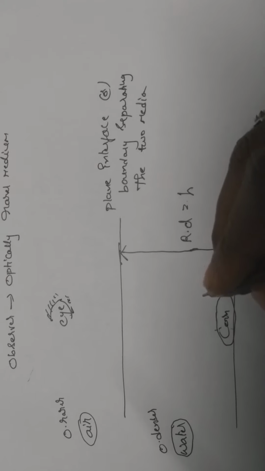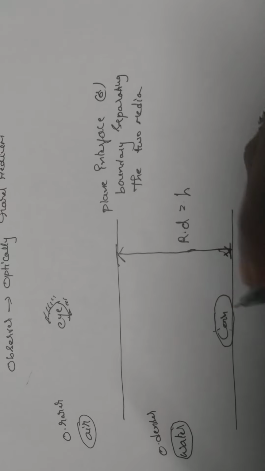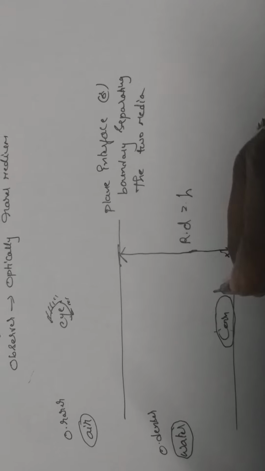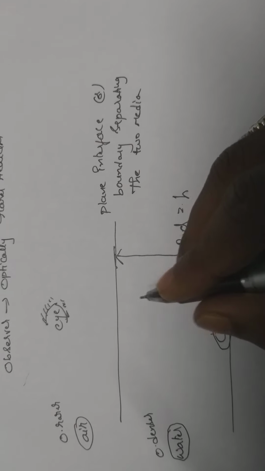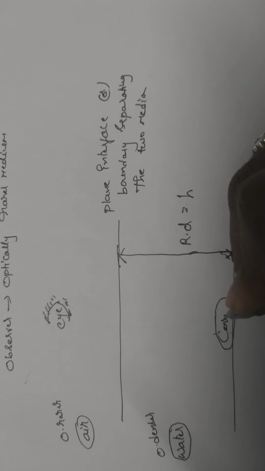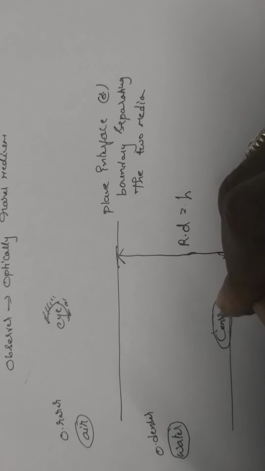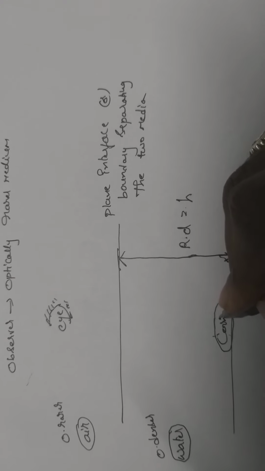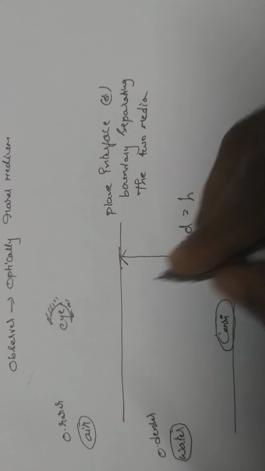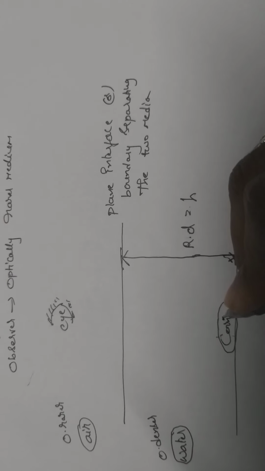Now let us see how this coin appears to this eye when it undergoes refraction. This is the object. To observe the image formed by this coin due to refraction through this plane surface, we need two rays.